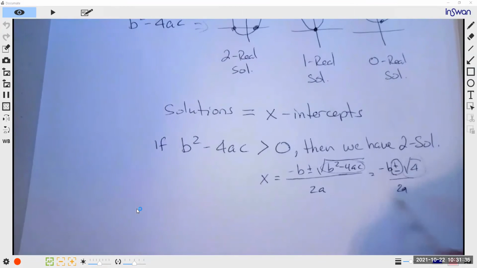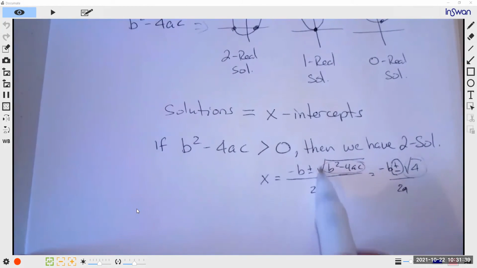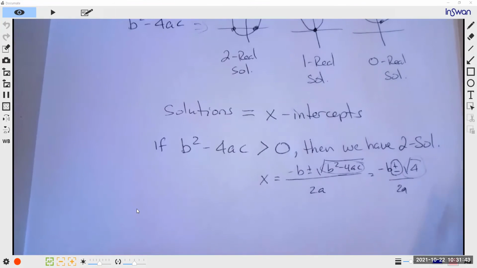So it'll be 2 answers. If this is a positive number, then we can take a square root of it, and we'll have 2 answers.